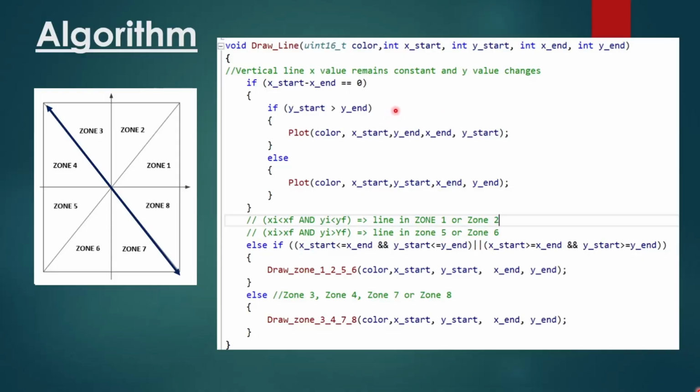And if the answer is no, then we figure out, is this a line that goes between zone 5, 6 and 1 and 2, or is it a line that goes between zone 7, 8 and 3 and 4? According to that, we are going to call one of these routines, which is draw zone 1, 2, 5, 6, which would be this line, or draw zone 3, 4, 7, 8. So let's go and look at those routines.